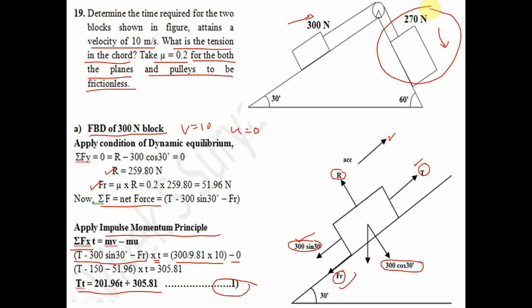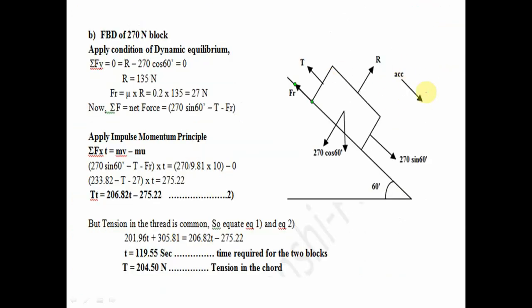Okay, now we have to draw free body diagram for this 270 Newton block. See here, this is the weight component, 270 cos 60, 270 sin 60. Now the acceleration is downward, this is normal reaction R, the tension is upward, and this is frictional force Fr.